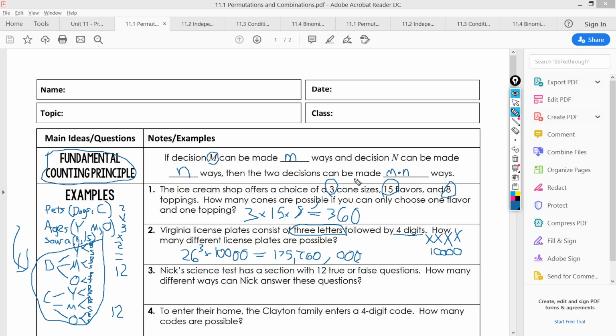And the thing with permutations, combinations, and sample spaces, fundamental counting principle, ways, and all that, is you do end up with huge, huge numbers. In fact, in one of my statistics classes, our numbers were so big that they would crash our computers. And so we had to figure out ways to break up the math into smaller bits so that the computer could handle it and tell us how many different combinations there were.